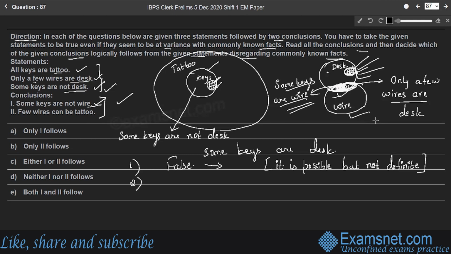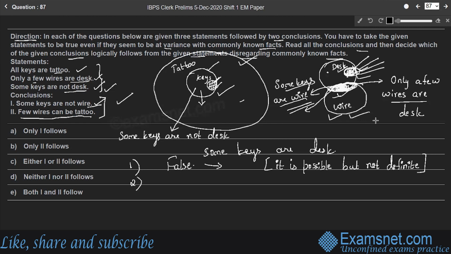Second conclusion: few wires can be tattooed. So the set of wires is here, the set of tattoos is here. Again, the same situation. When the portion of keys, this shaded portion which is included in the desk, comes inside the intersection part of desk and wire, this represents few wires can be tattoo, because the set of keys itself is included in the set of tattoo.